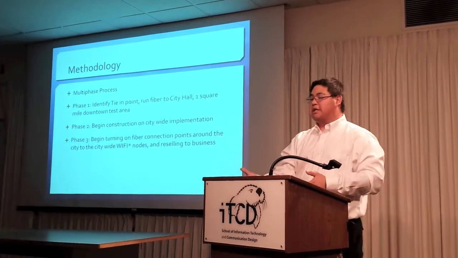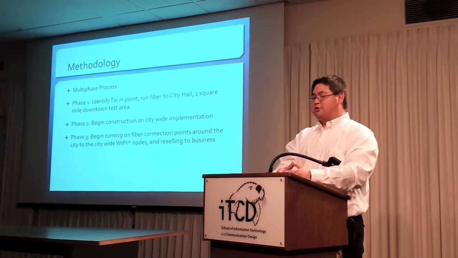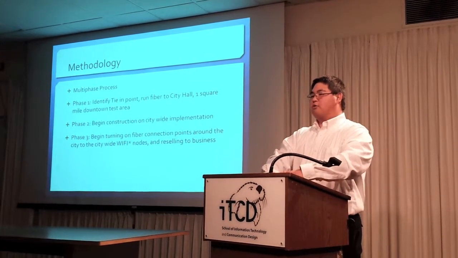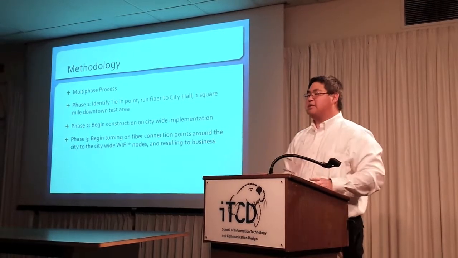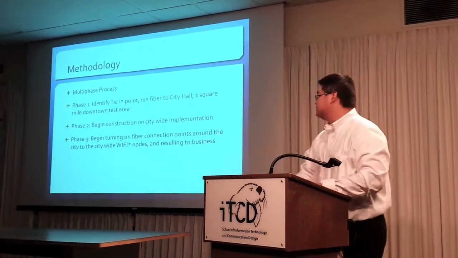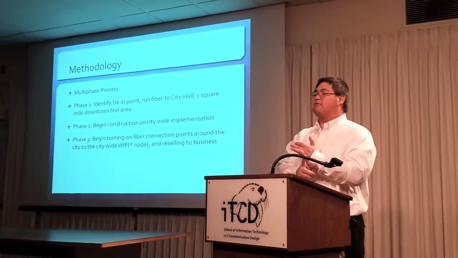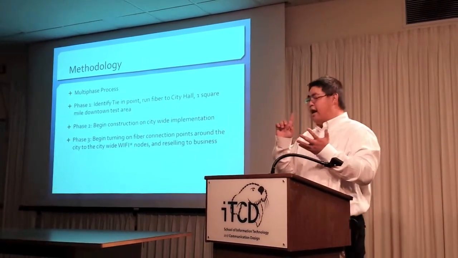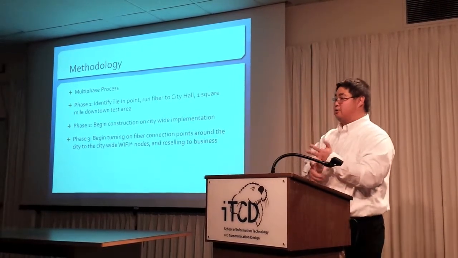Now once that's complete, phase 2 will begin. Phase 2 is beginning to create rings around the downtown area, eventually encompassing the entire City of Salinas. And phase 3 is lighting the fiber and turning on the citywide Wi-Fi nodes.